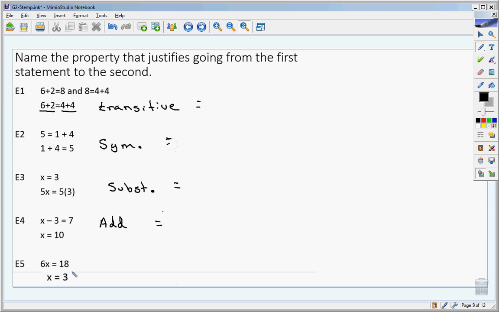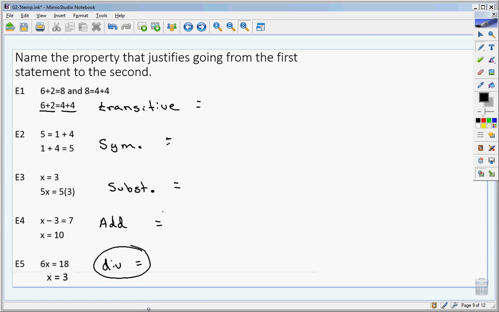6x equals 18, x equals 3. It's what? It's the division property of equality. For me, I'm okay if you write this, what I've got up here.